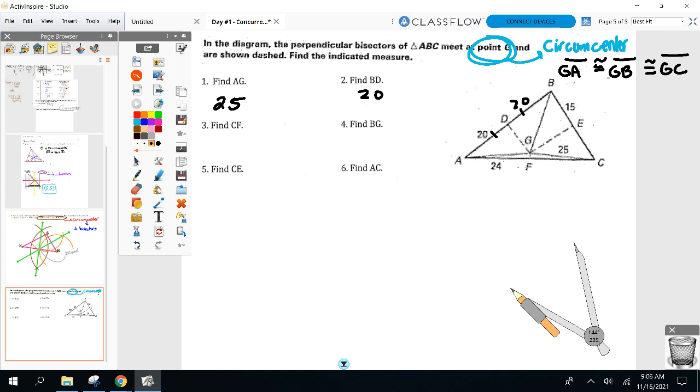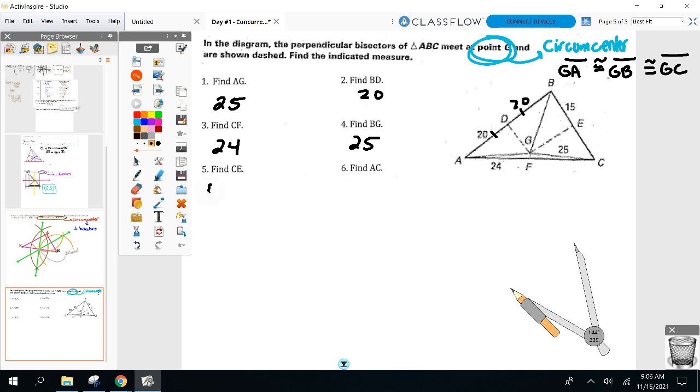How about CF? 24, because GF is a what? GF is a perpendicular bisector. BG? 25, equidistant from the vertices. CE? Perpendicular bisector.